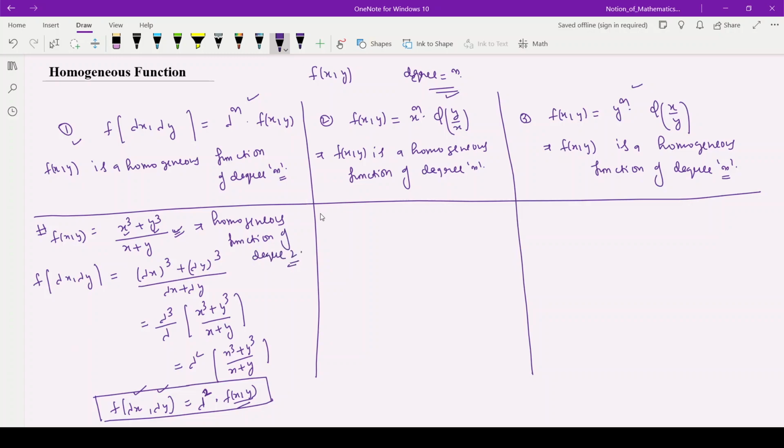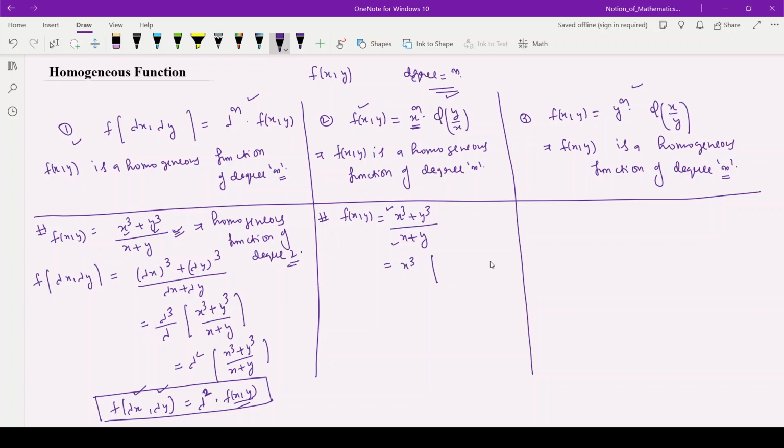Now students, we will verify the same function by the second method. Here f(x,y) is given to us as (x cube plus y cube) upon (x plus y). Here I have to take x to the power something common. From the numerator and denominator I will take the maximum possible power of x common.